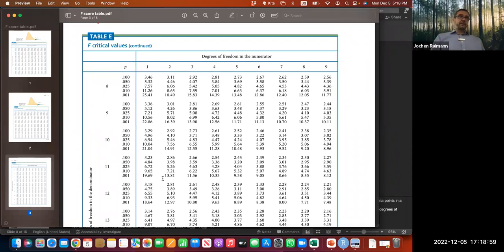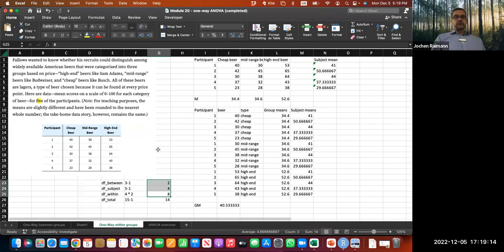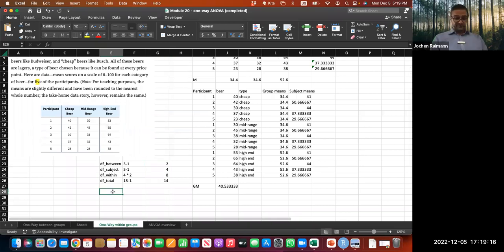So this is the degrees of freedom between multiplied by the degrees of freedom subject. So that's 8. So we have 2 and 8 at a p-value of 5%. Is a critical F of 4.46. So critical F equals 4.46.